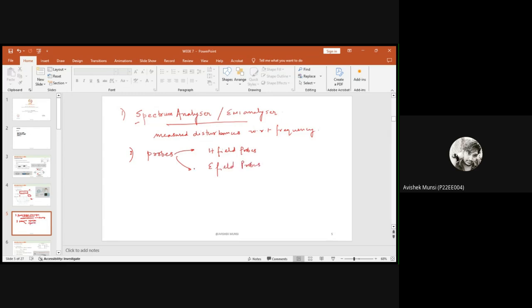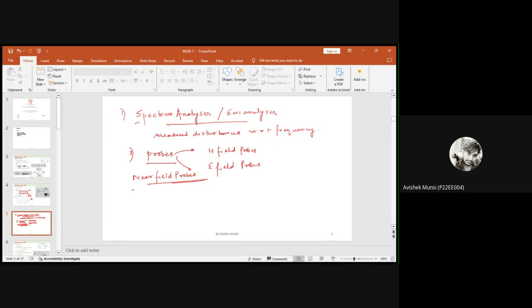These are often called near field probes. If you use a differential probe or a normal passive probe, then you cannot see what kind of noise, what the EMI, what the disturbances are. So for that we require a special type of probe, the near field probe.